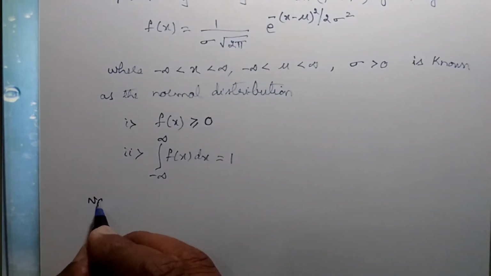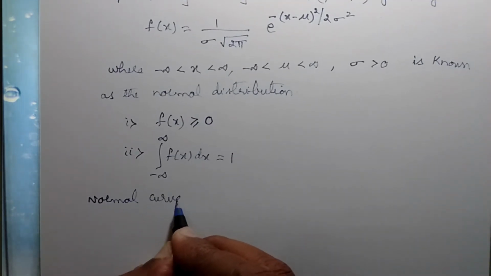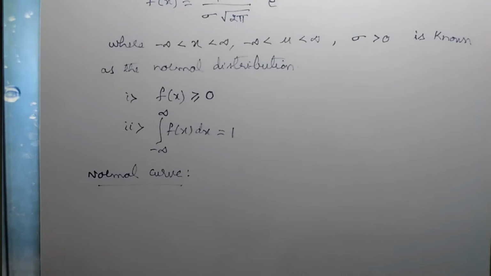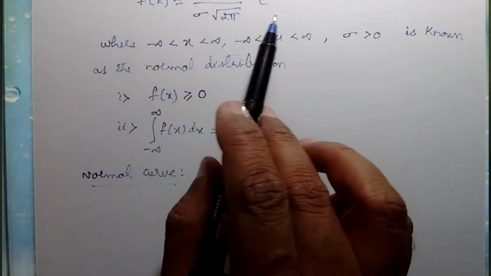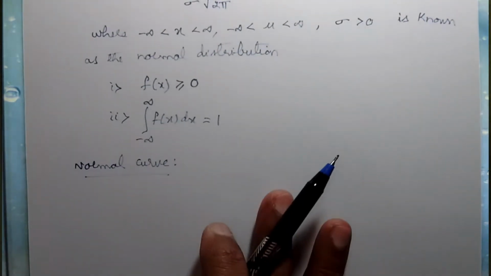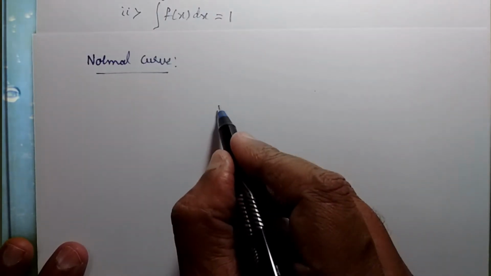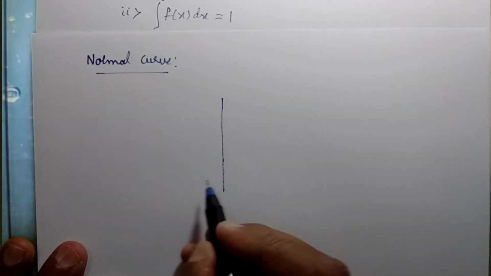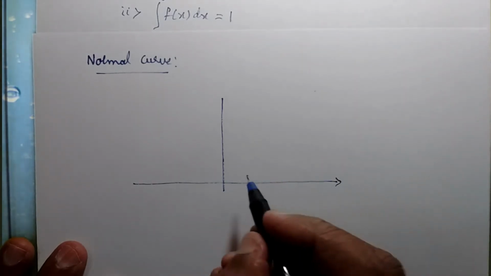Now let us see what is a normal curve. Suppose if we take the given function f of x and try to plot the graph for this given function, the graph will look somewhat like this. Suppose I consider this is the coordinate axis.